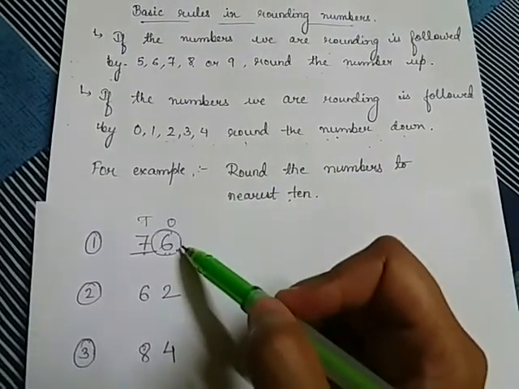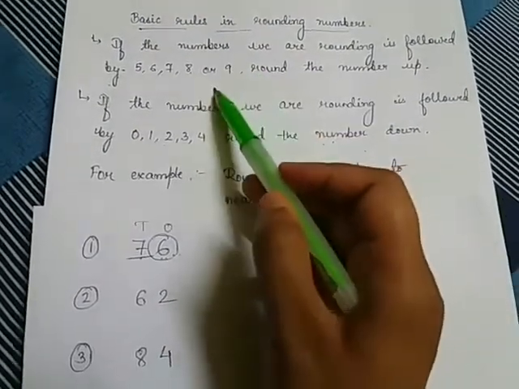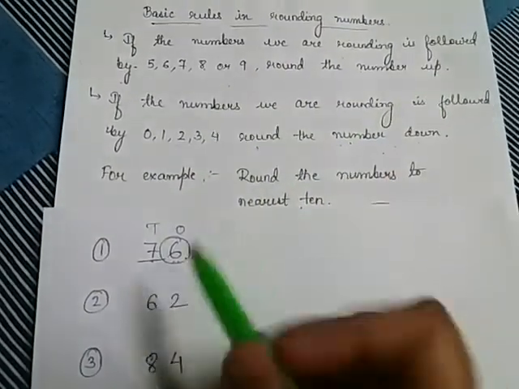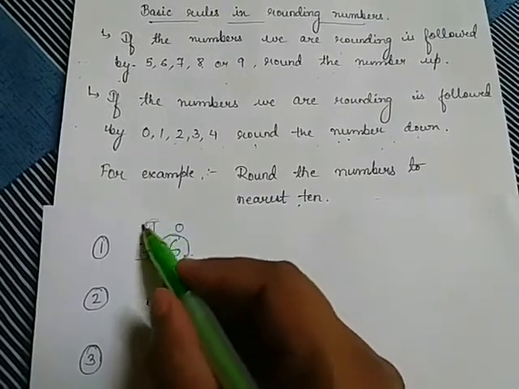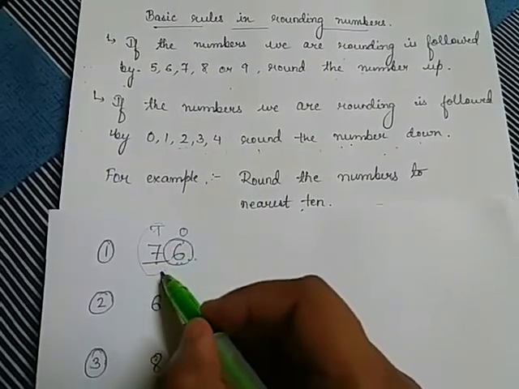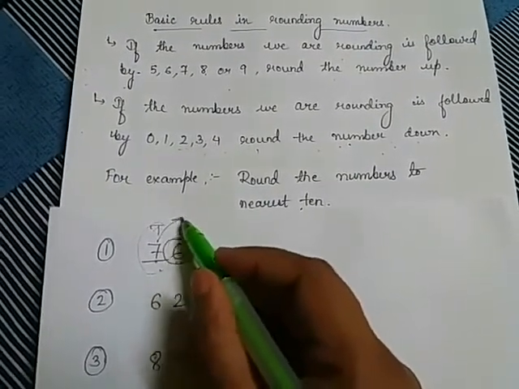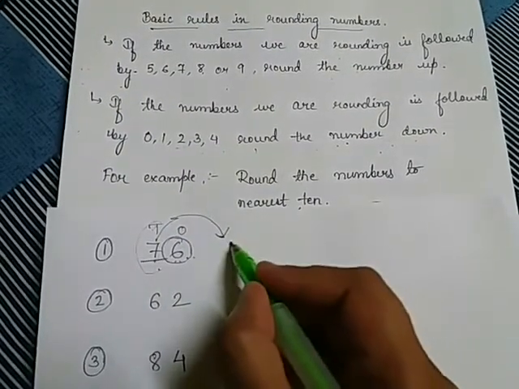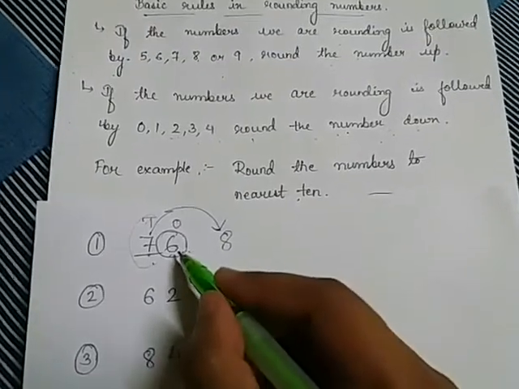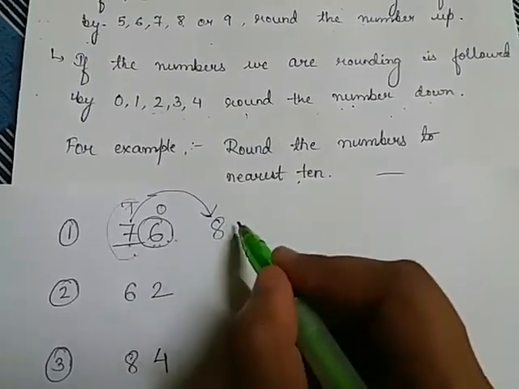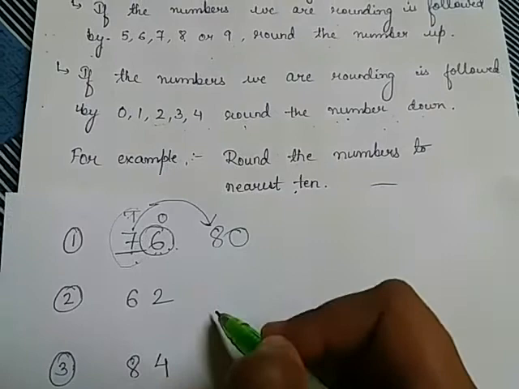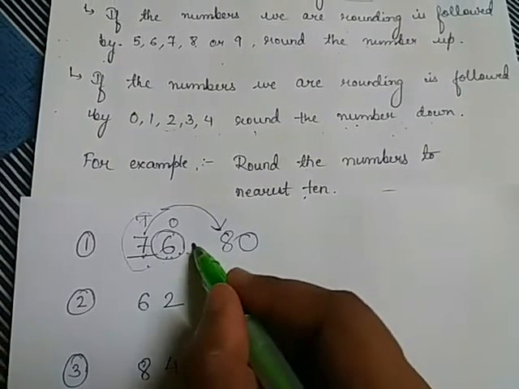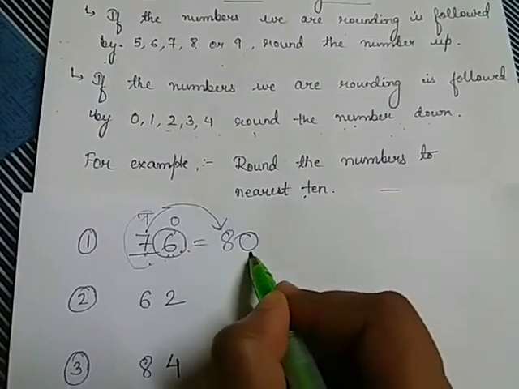Here 6 comes under the round up category. As a result, the digit we are rounding will increase. The digit 7 becomes 8, and automatically the ones digit will become 0. So the round off of 76 is equal to 80.